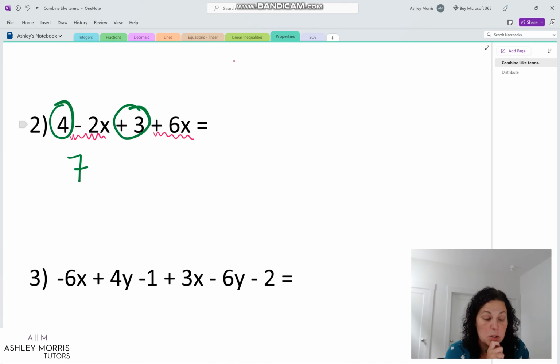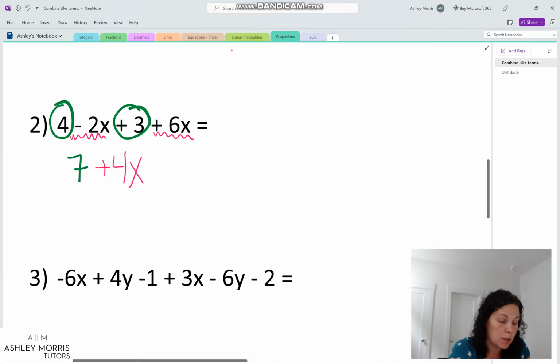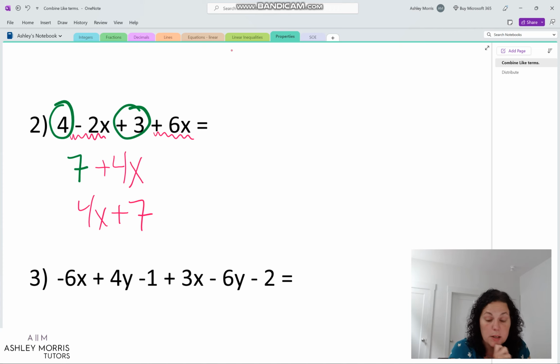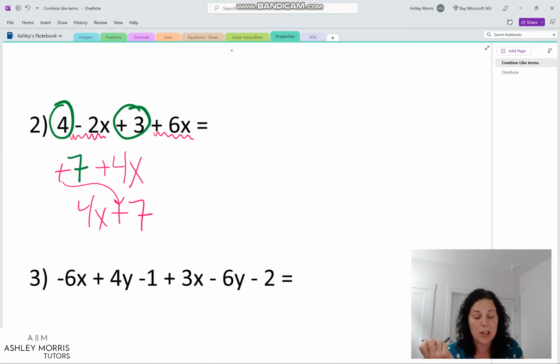They both have x's, so negative 2 plus 6 is positive 4, and then don't forget your x. Now, you could use it this way or that commutative property that lets you change the order, CO, commutative, CO, change order. We can change the order to 4x. It's got to be a positive, and that 7 also has to have a positive in front of it because there's an invisible positive right there. So either way you write it, it's fine.